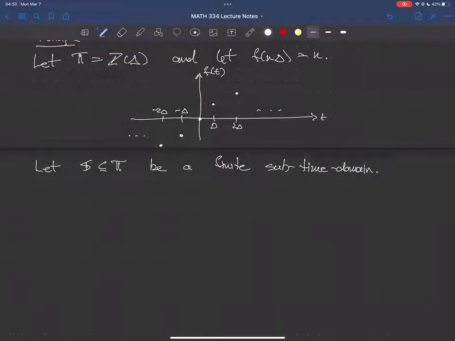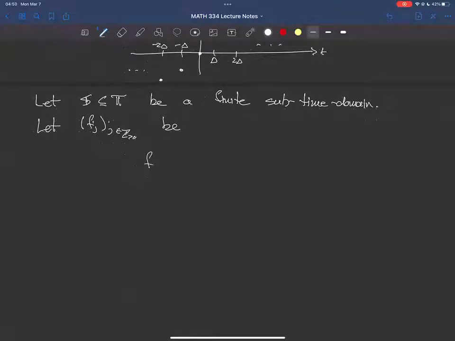Let the approximating sequence be fj, where fj of n delta is going to be n when n is less than or equal to j in magnitude, and 0 otherwise.